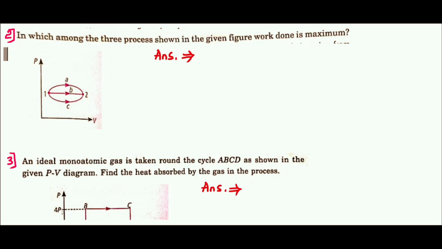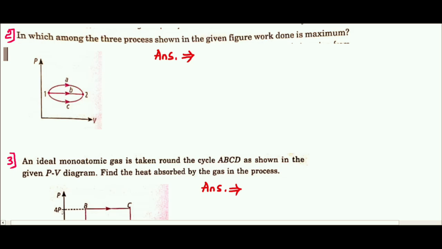So what is the nature of the internal energy of an ideal gas? We have discussed it, right? In the ideal case, total energy is always equal to internal energy, and internal energy is nothing but kinetic energy plus potential energy.